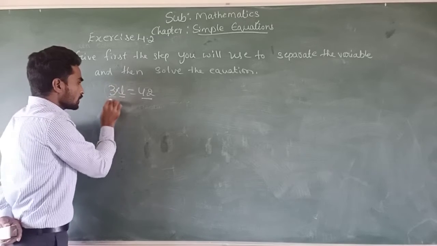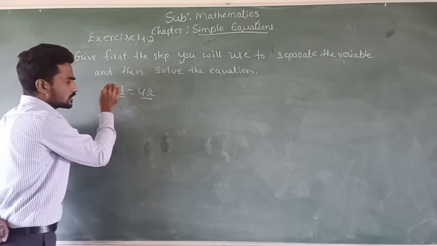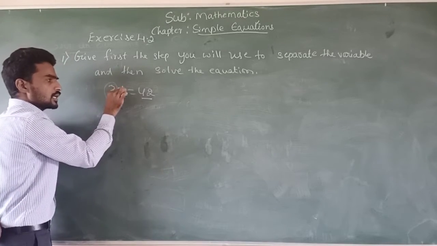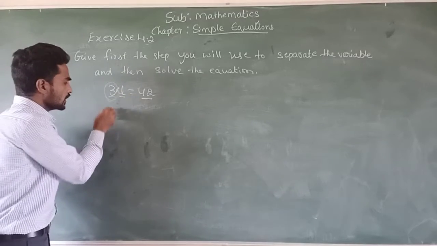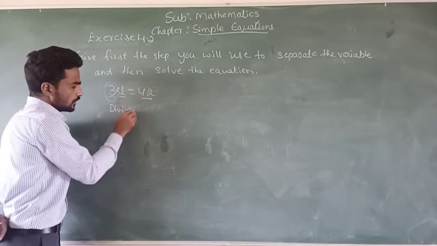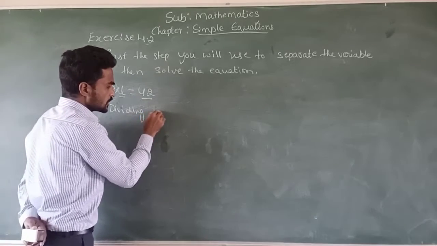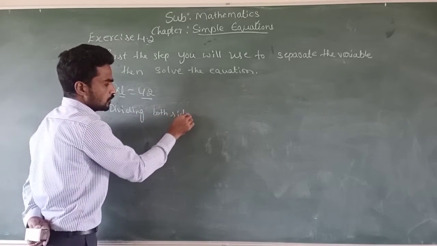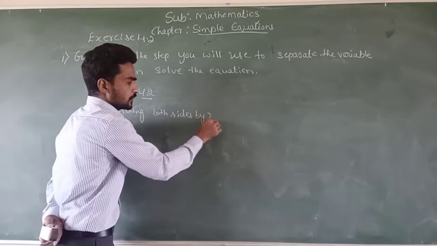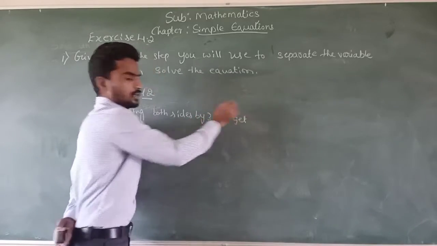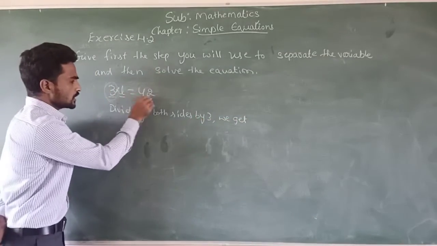For separating this variable from this 3, we can divide both sides by 3.